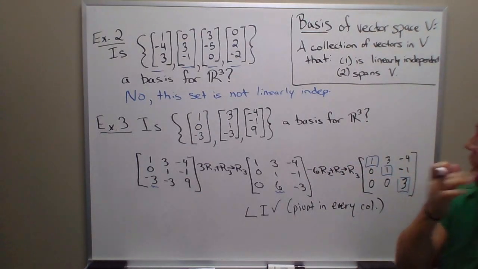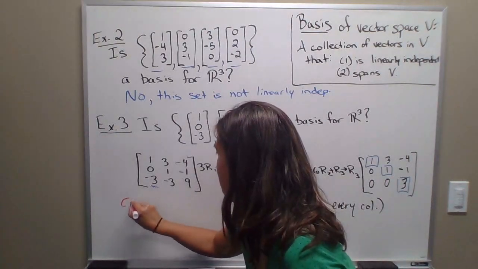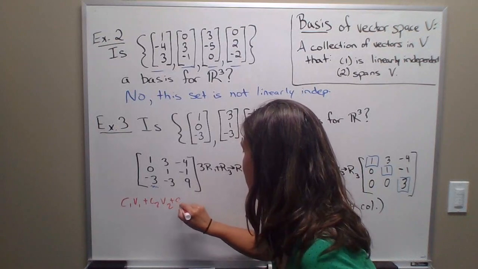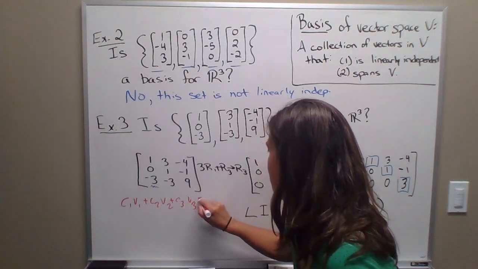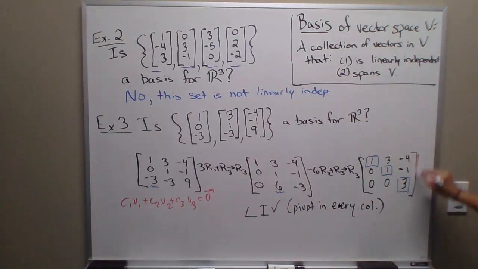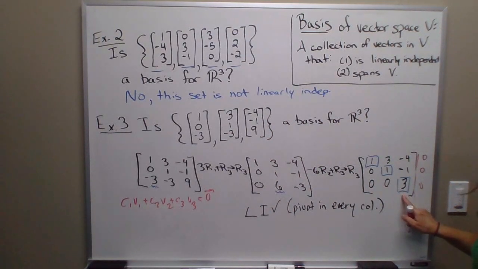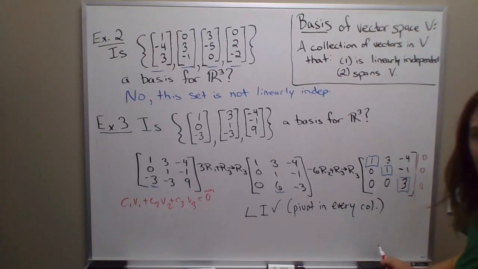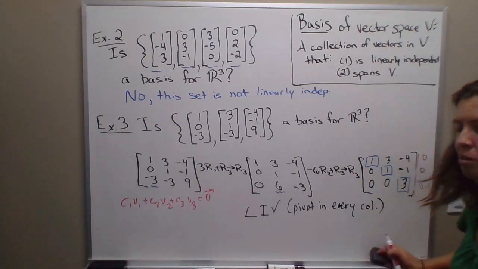If we were solving the homogeneous system where we have C1 times vector 1 plus C2 times vector 2 plus C3 times vector 3 equals the 0 vector, so if this were augmented with the 0 vector here, then we would end up with C3 equals 0. And then when you do back substitution, you end up with C1 equals 0, C2 equals 0, so it's linearly independent. Just a reminder of why a pivot in every column tells us that.